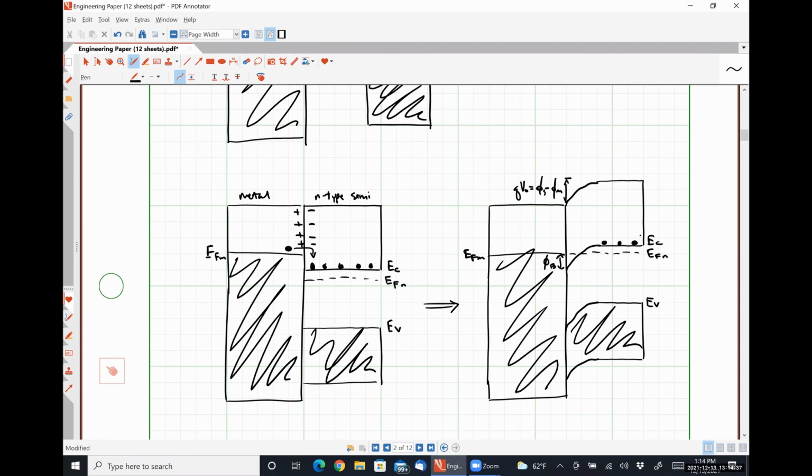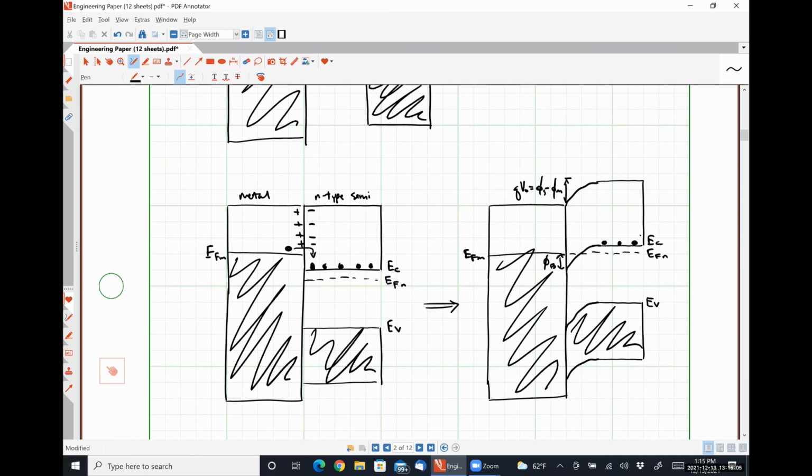And effectively, that just is giving these electrons more and more energy, making it more and more likely that they'll kind of roll downhill and wind up in the metal material. So for forward bias, for our ohmic junction, we see that conduction band electrons move into the metal.